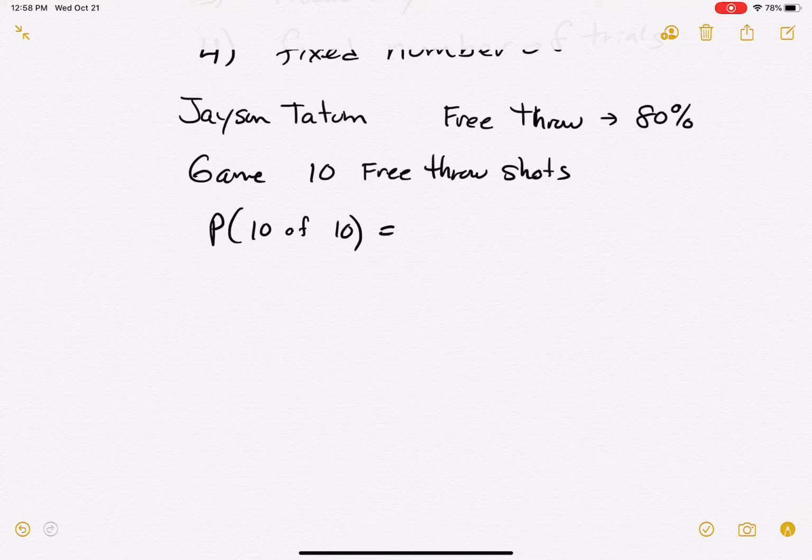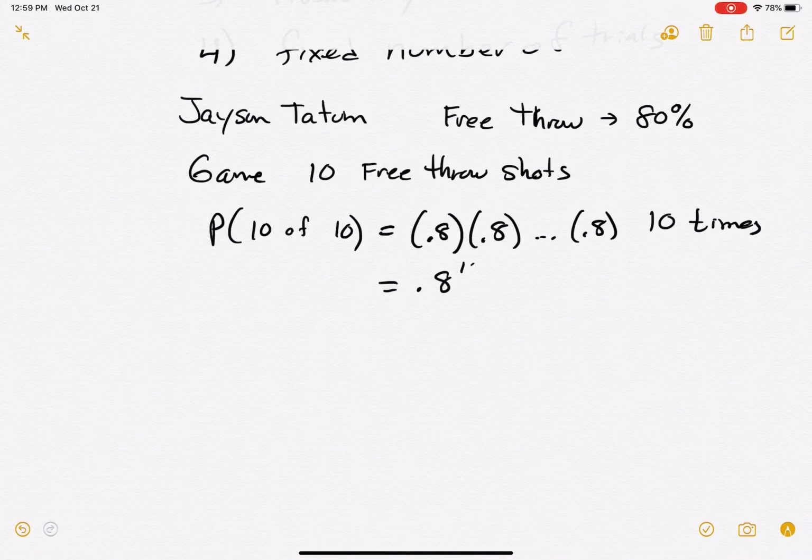So the first one is 0.8. The second one is 0.8. The third one is 0.8. And really what you're doing here is multiplying 0.8 times 0.8 all the way, and you're going to do that 10 times. So you're actually just going to do 0.8 to the 10th.